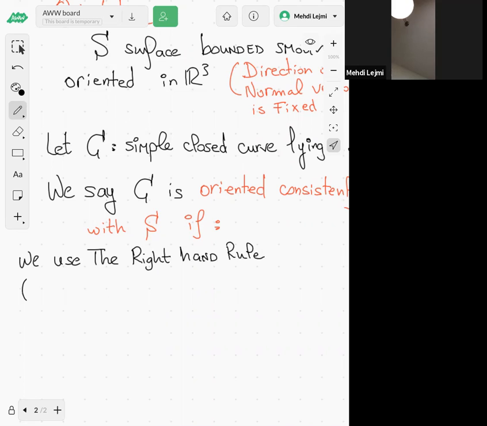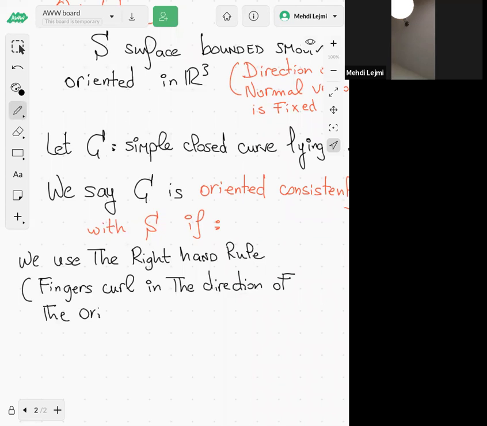All right. So the fingers of your right hand will curl in the direction of the orientation.